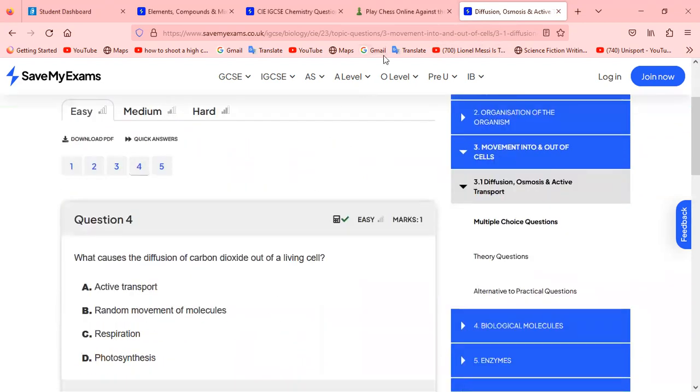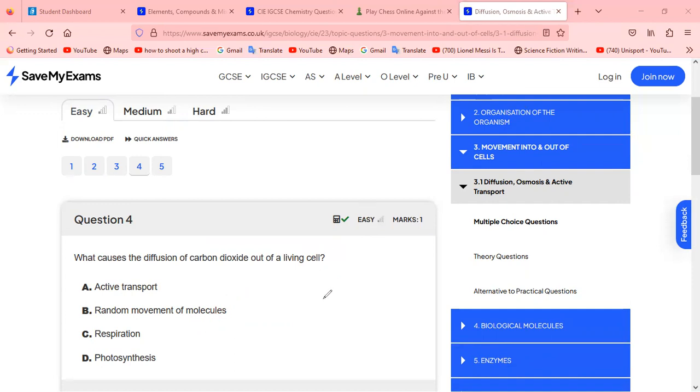What causes the diffusion of carbon dioxide out of a living cell? Random movement of molecules. Because if it's a solid, it is densely packed, so it cannot diffuse.